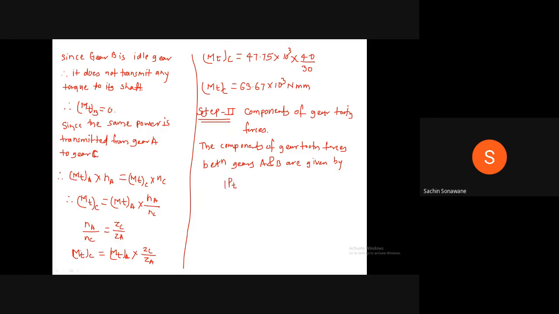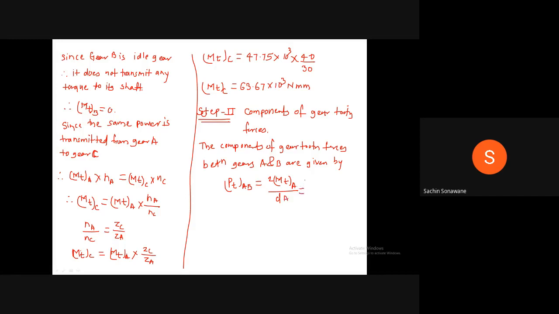Write down tangential force. First of all, we'll calculate tangential force, which is equal to what? What is the value of tangential force? We have seen the formula. Tangential force is equal to 2 MT upon d. Therefore, 2 MTA upon DA.